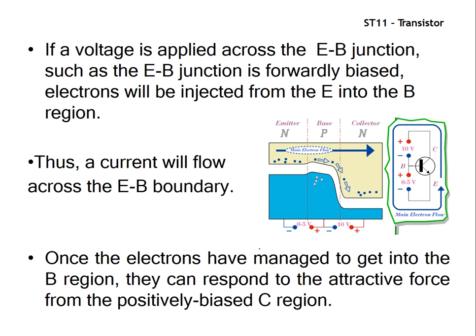If we connect a battery here, positive connected with positive and negative with negative, the positive terminal will repel these holes. The negative terminal will generate more ions here, and these ions will repel these free electrons. So we are getting pushing from this side because this is in forward bias.